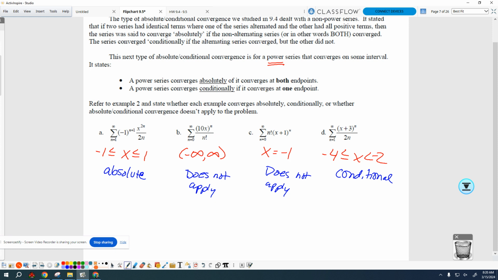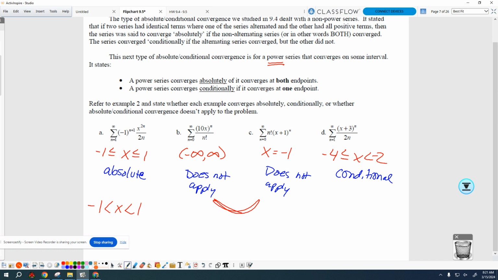It's considered absolute convergence if both ends are included or if both ends are not. So if it's a mix and match, it's conditional. Josh was allowed to go because he was alternating. Kai was not because he did not alternate. And if there are no ends to test, the statement doesn't really apply, so we just don't say if it converges absolutely.